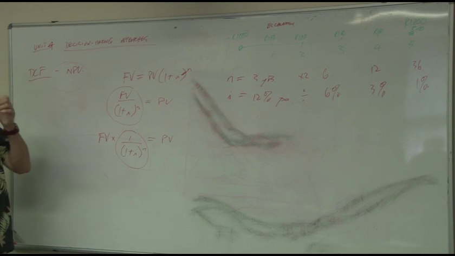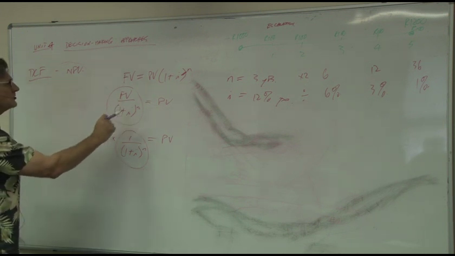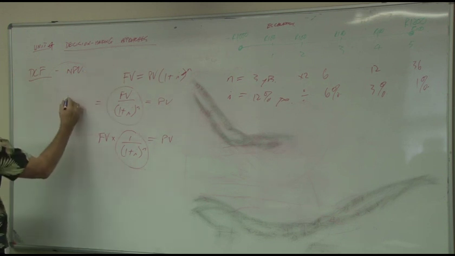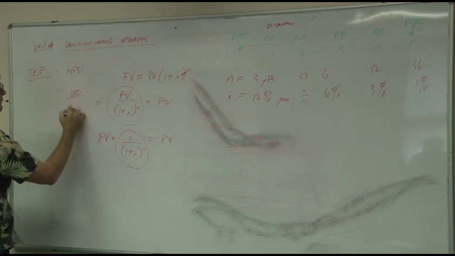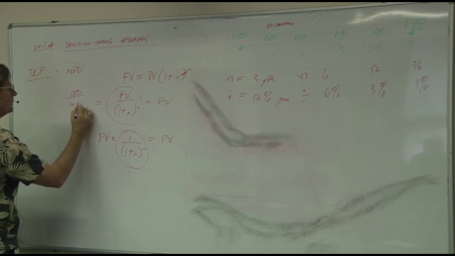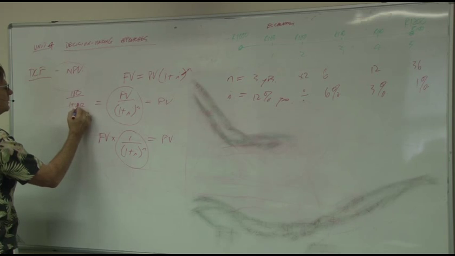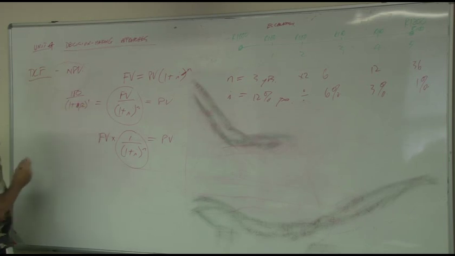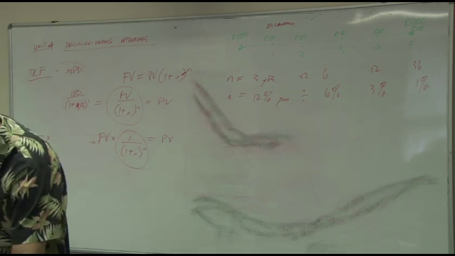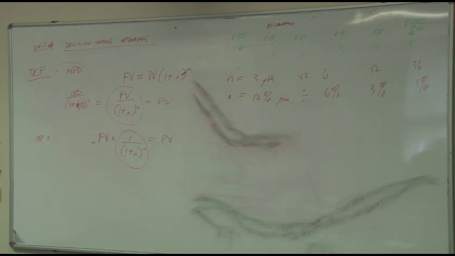Okay. So just for example, say we're discounting 100 here. So it's 100 over 1 plus r, where r is 0.12, so we're using 12% to the power of 1. The future value is 100, and the discount factor for 12% over 1 year is 0.893.